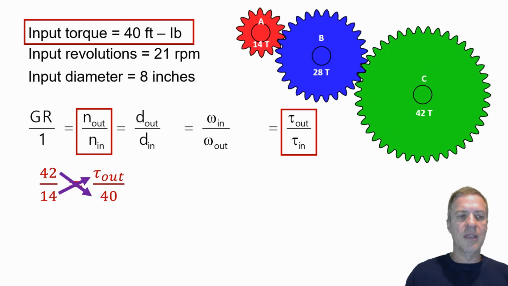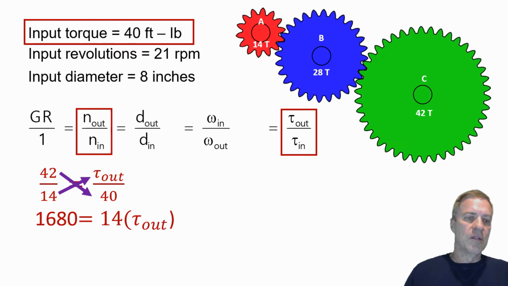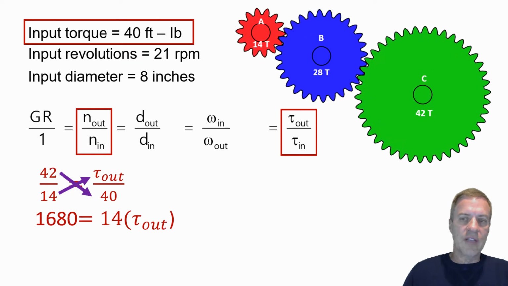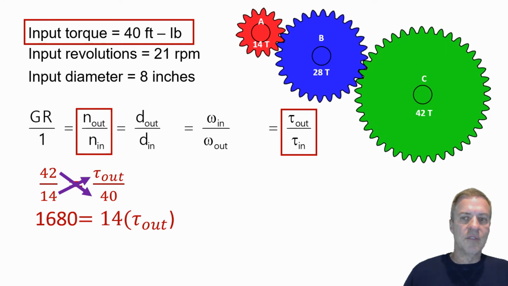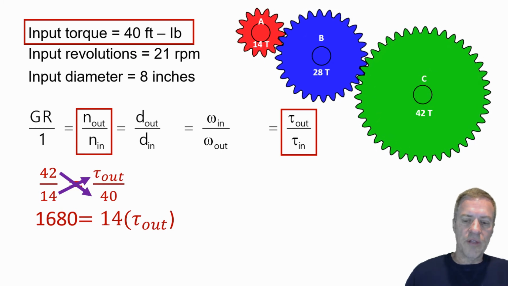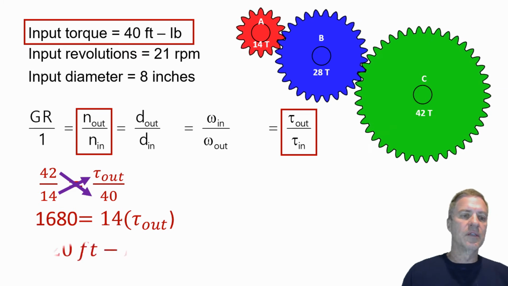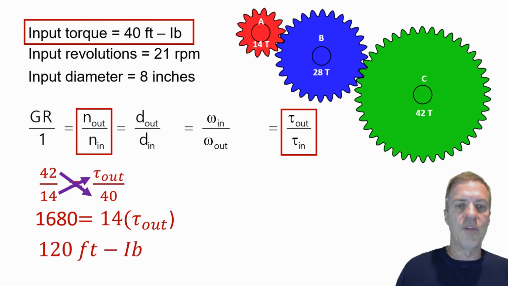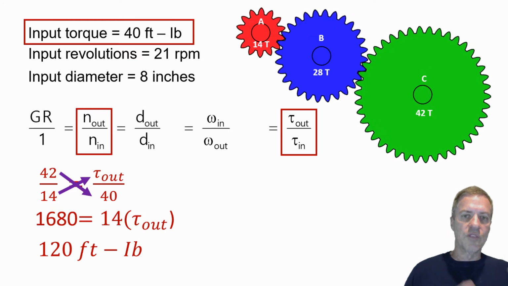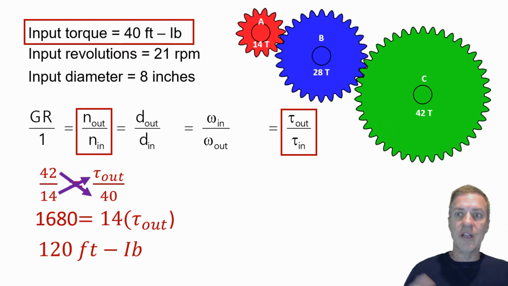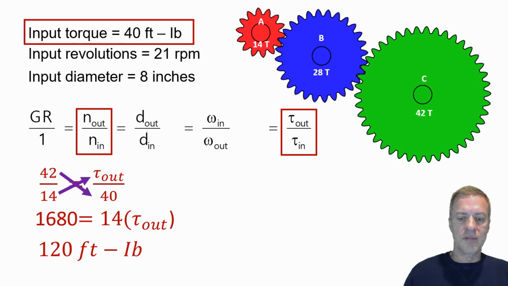We cross multiply. 42 times 40 is 1,680. Then we've got 14 times our torque out. We divide both sides by 14, and we get 120 foot-pounds of torque coming out. So you see we've got the smaller gear driving the bigger gear, so we get a lot more torque going out.